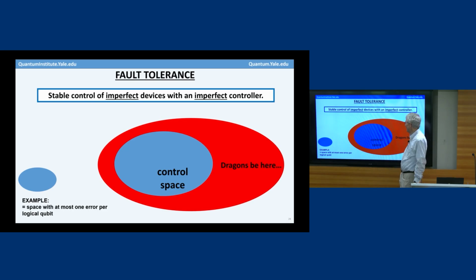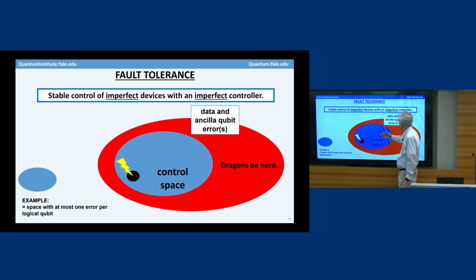Okay, and in the example of the 3-qubit repetition code, this is the space that has 0 or 1 physical errors. This has 2 or 3. And so you could have errors on the data qubits. I haven't shown you yet how you do the decoding, but you need some extra circuits, some extra bits to do that. They could have errors.